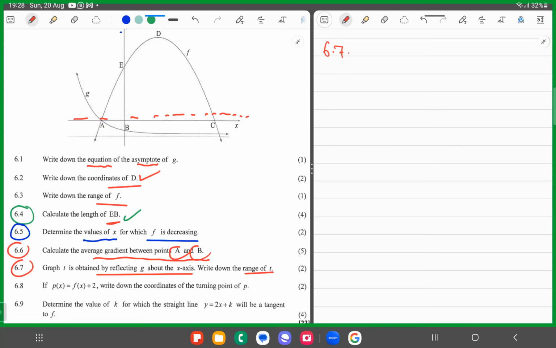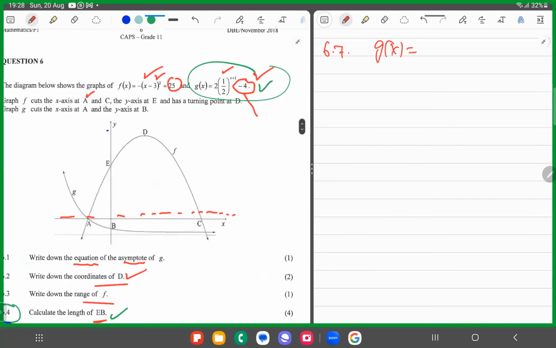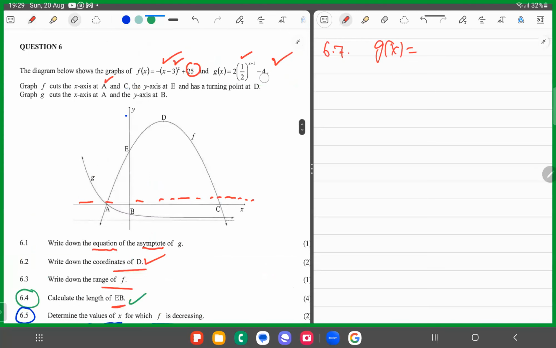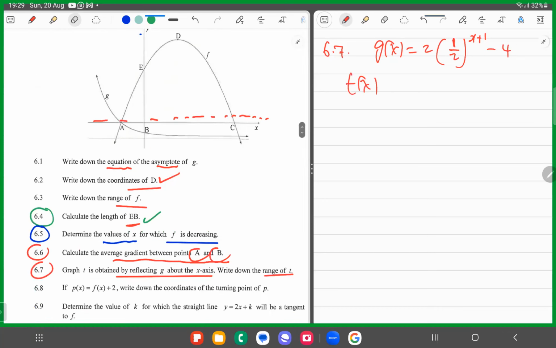In 6.7, first let us write down the function g of x. The function g of x is given by twice into 1/2 raised to x plus 1 minus 4. The function t of x, look at what is happening.